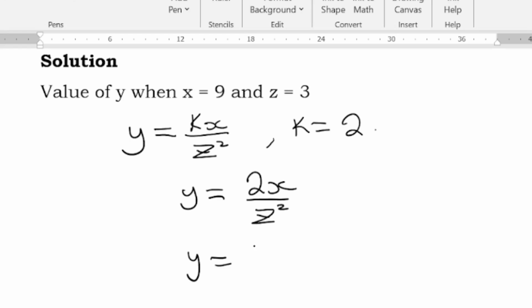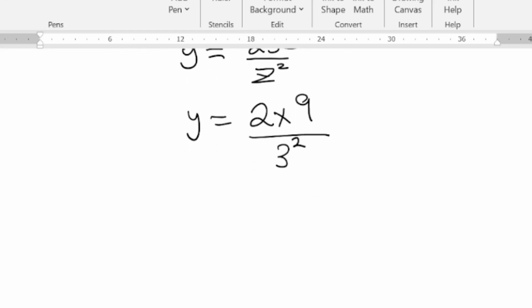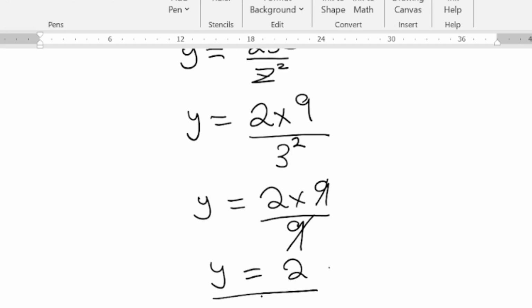So y is equal to 2 times 9 over 3 squared. As you can see, 3 squared will be 9. So y is equal to 2 times 9 over 9. And dividing this, we get y is equal to 2. So that is our solution there.